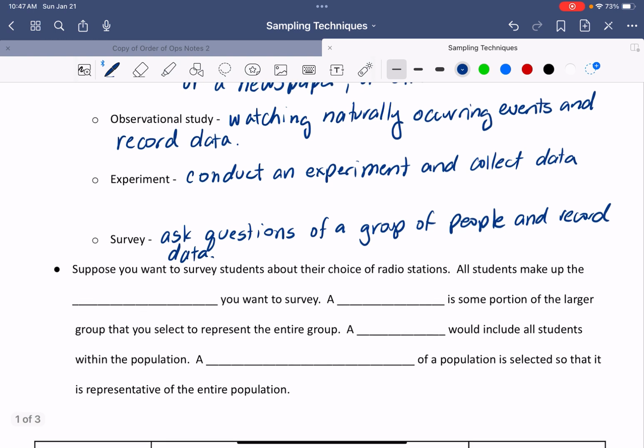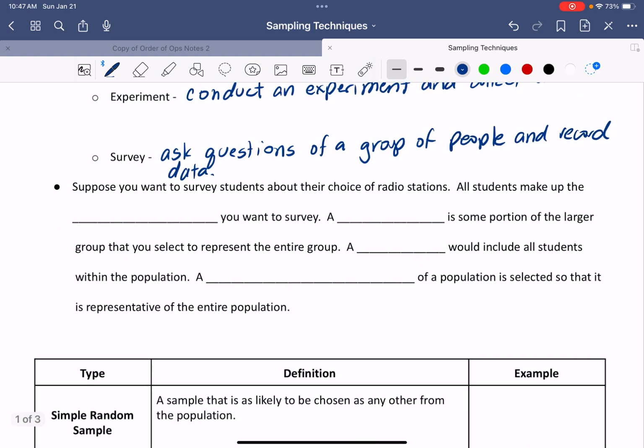Okay, so suppose you want to survey students about their choice of radio stations. I don't even know if you guys listen to radio stations anymore, but they exist. All students make up what we call the population. Like the population of Batavia, the population of our school would be all the students that make up the population that we want to survey.